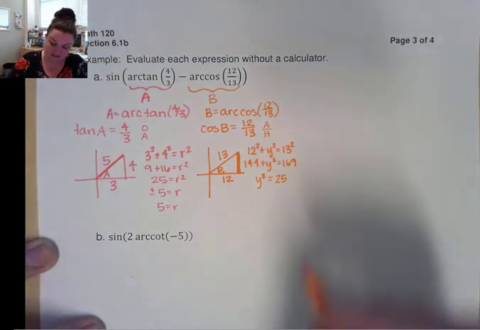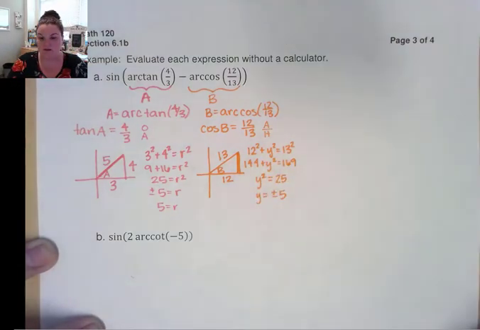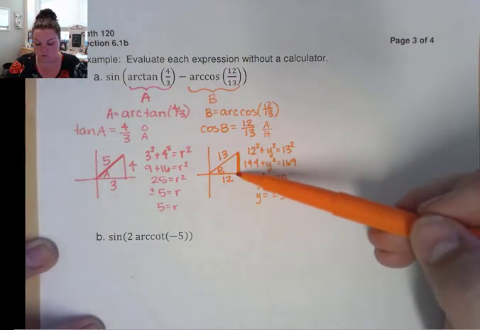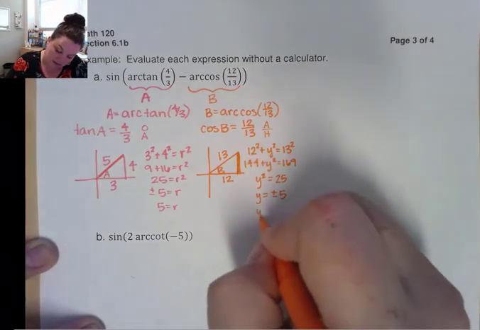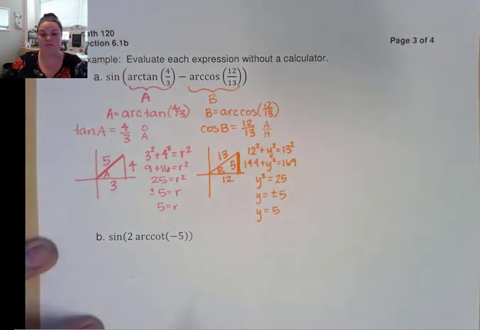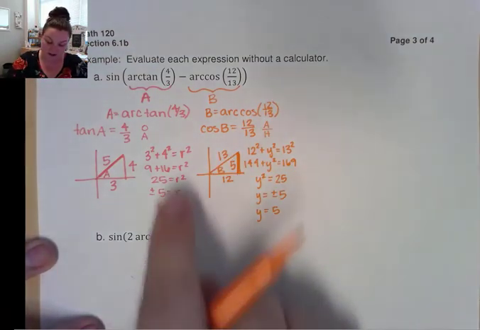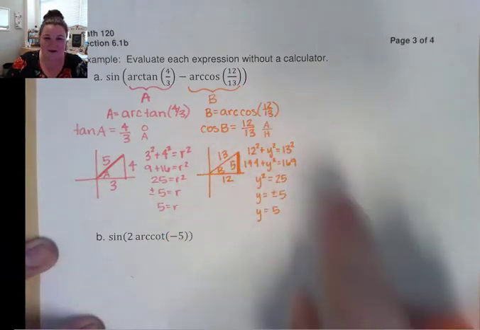Then I take the square root, which means y equals plus or minus 5. Because we can see that this y value is above the x-axis, it's going to be a positive 5. So this length is 5. All right, so I know everything I need to know about my A, and everything I need to know about my B.